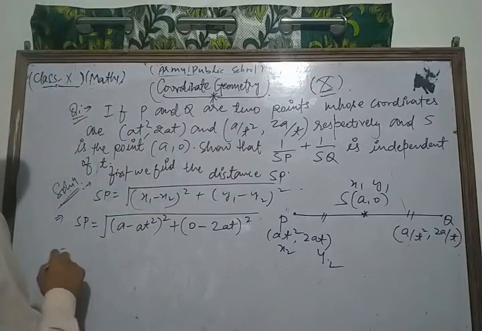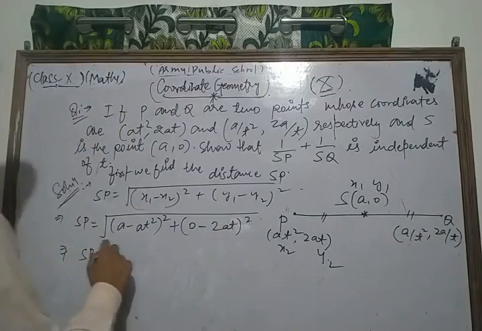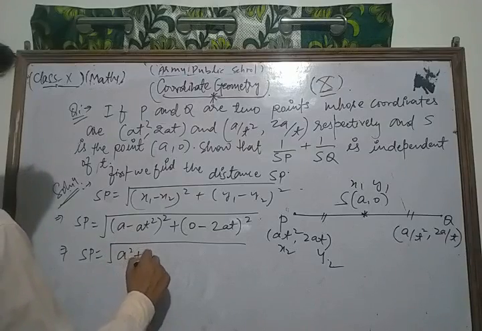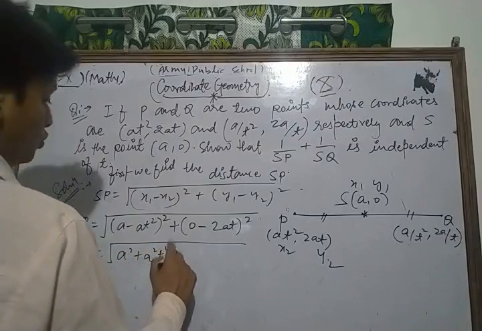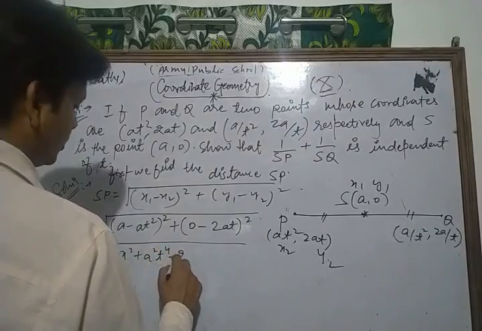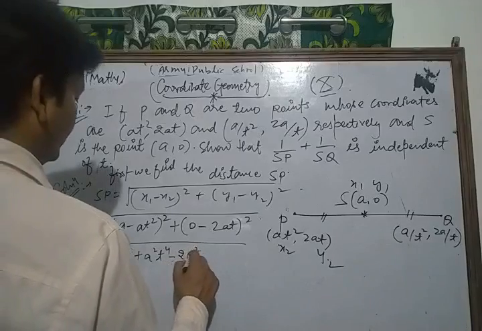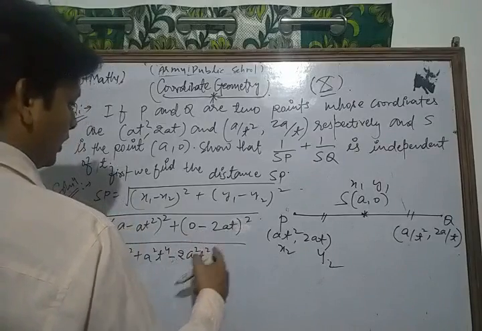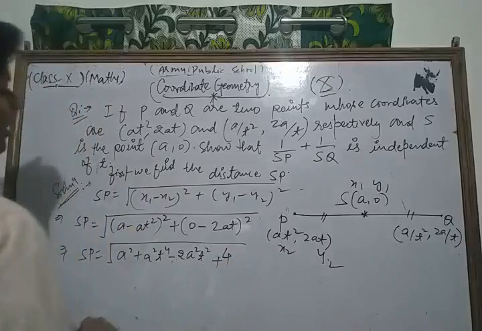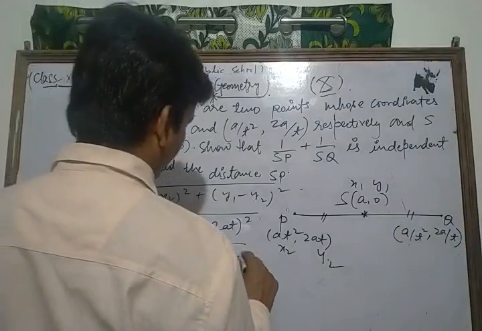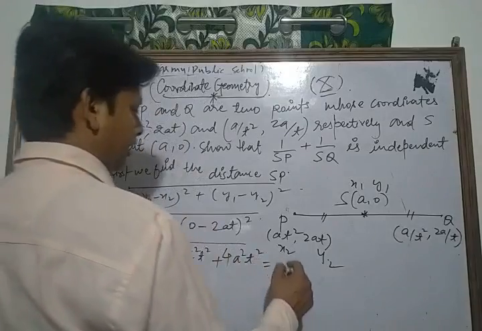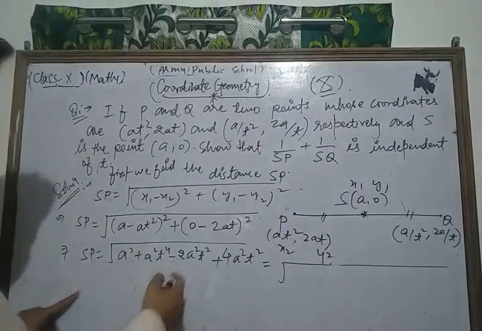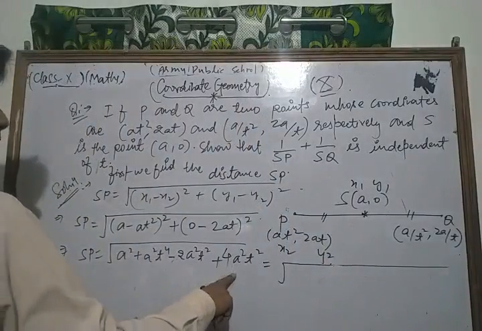Now we simplify them. So SP is equal to the square root of a square plus a square t power 4, minus 2a square t square, plus 4a square t square.